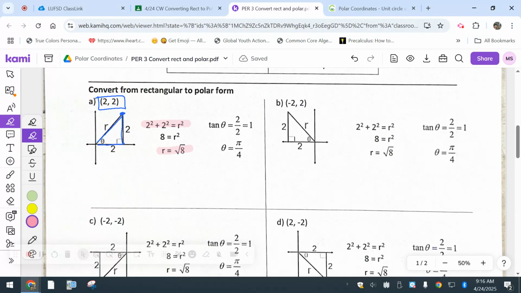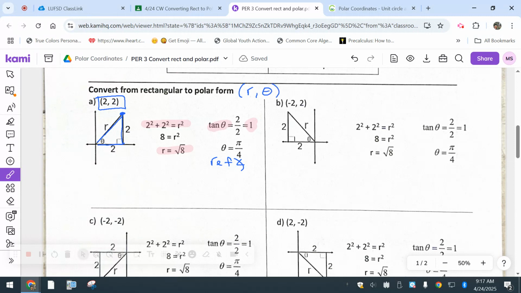Okay, then you do your tangent. Tangent's going to be y divided by x, and you get 1. This is where your chart comes into play. The reference angle for when tangent's 1 is pi over 4. What you're then going to do is write this in polar form. Polar is r comma theta.